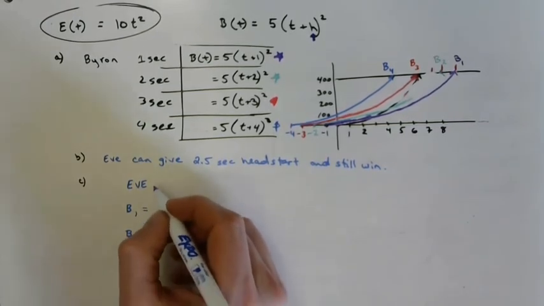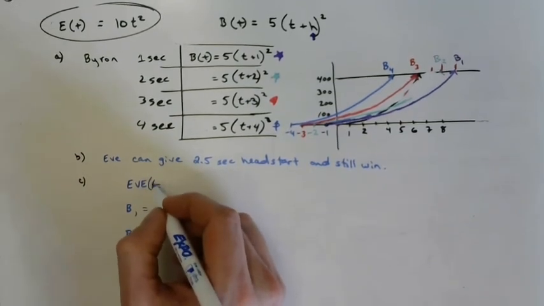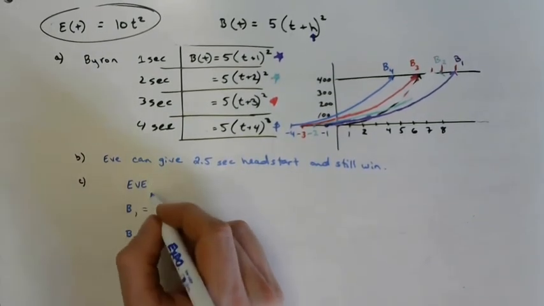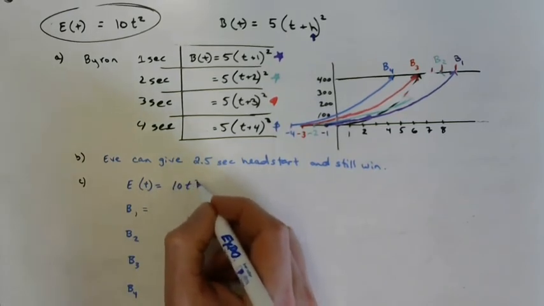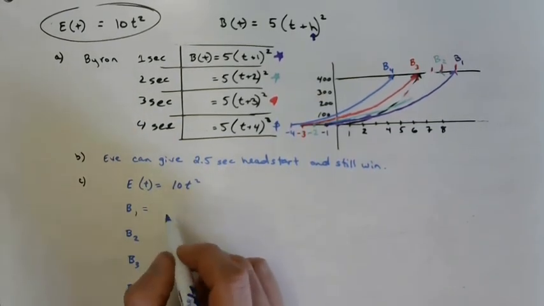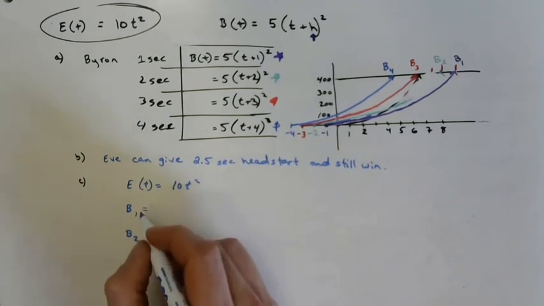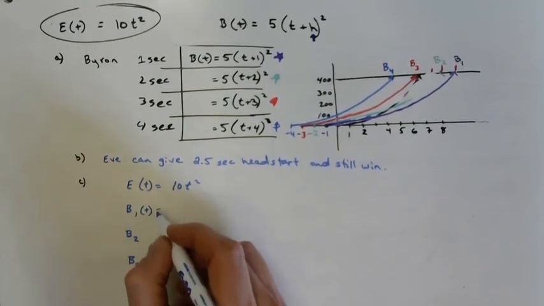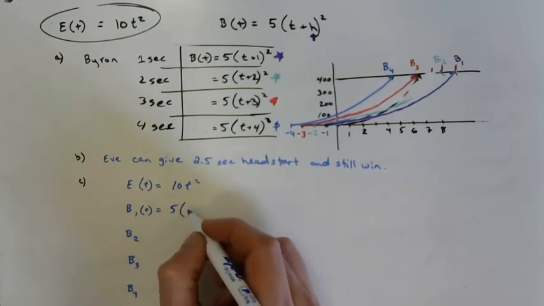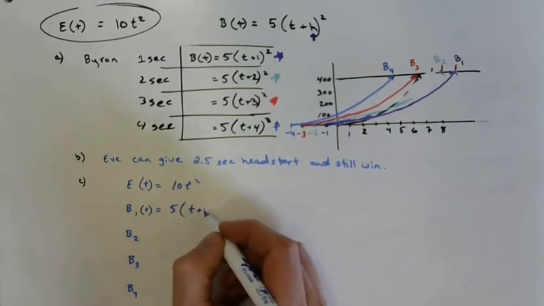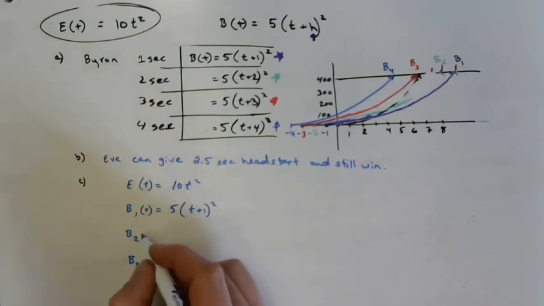The function for Eve with respect to t, cheating a little bit here, but E with respect to t is 10t squared. Byron with a 1 second head start with respect to t is 5 times (t plus 1) squared.